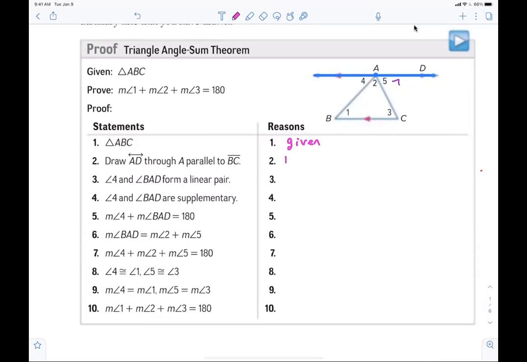And here is where you can just write out if you want, through any point there is one parallel line to BC.